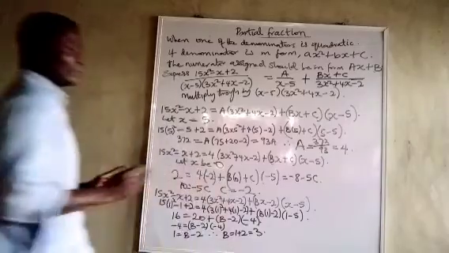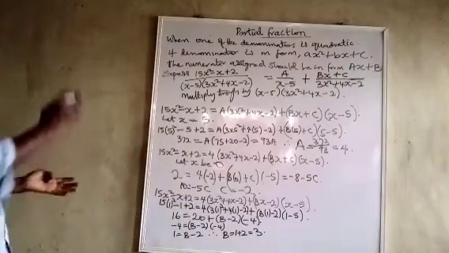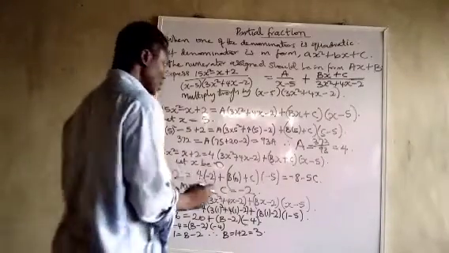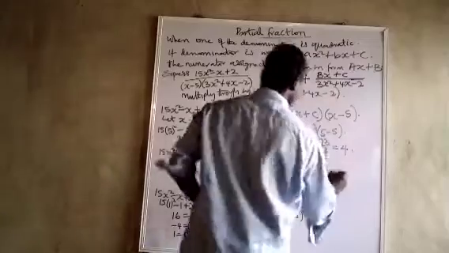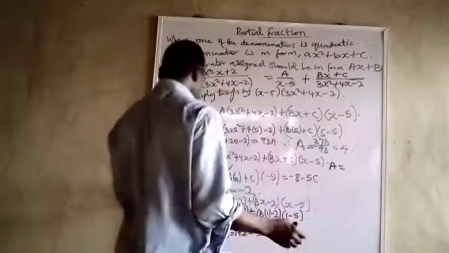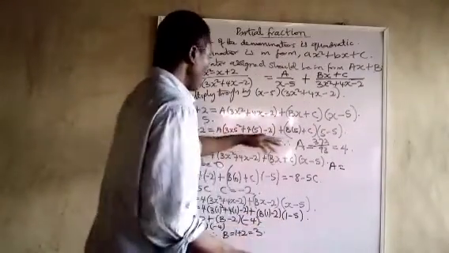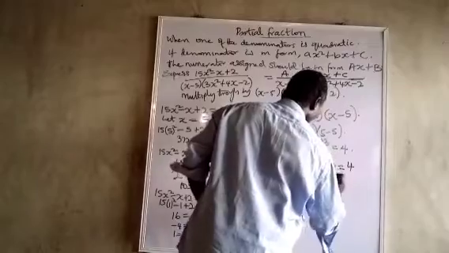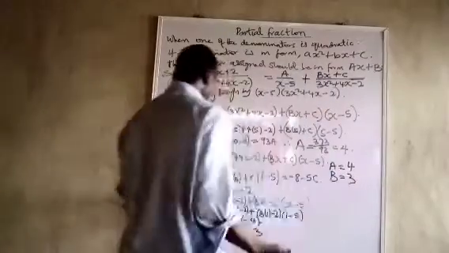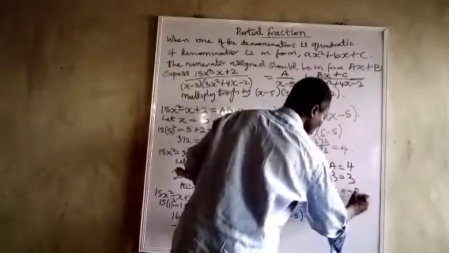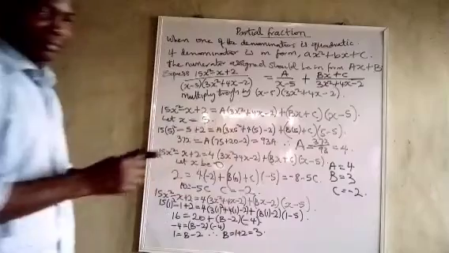So you can see, I have gotten my constants now. I have gotten my A, B, and C. So A is equal to 4, B is equal to 3, and C is equal to minus 2. Now, let me express everything straight.